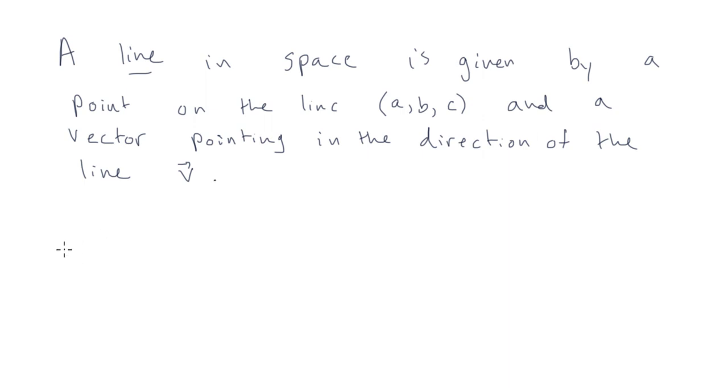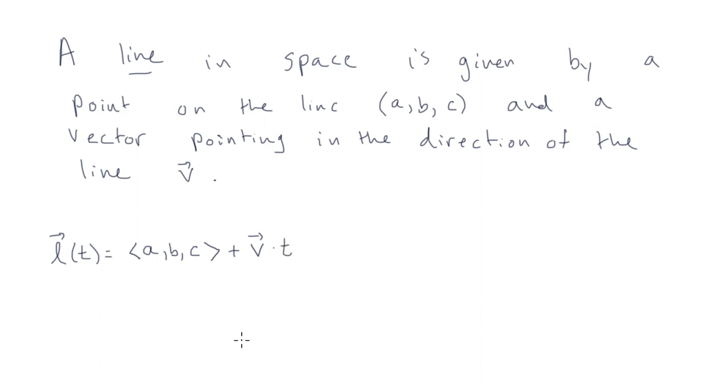Then the equation of a line is the position vector of the point, so A, B, C, plus the vector in the direction of the line times this parameter t.